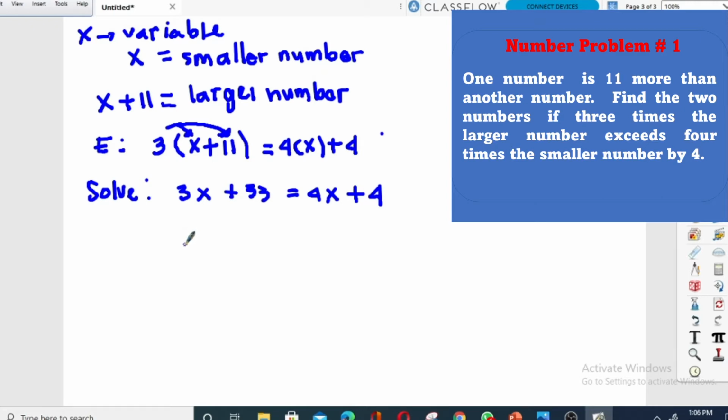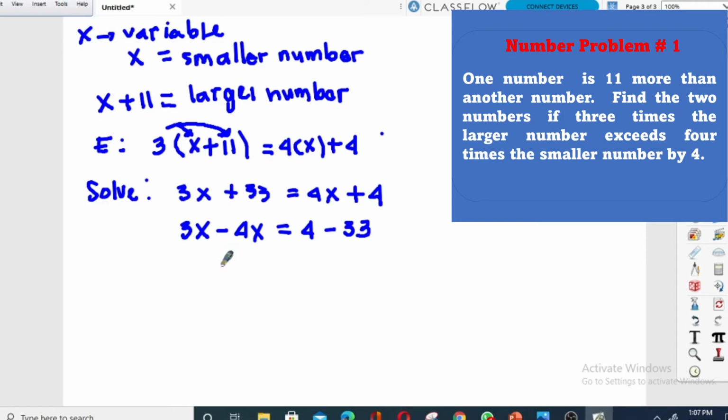When we are transposing a particular term, the sign will change. If that is positive, it will become negative. So 3x, transpose 4x becomes negative 4x, is equal to 4, transpose 33, it will become minus 33.